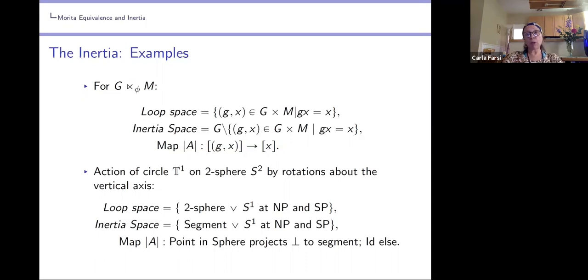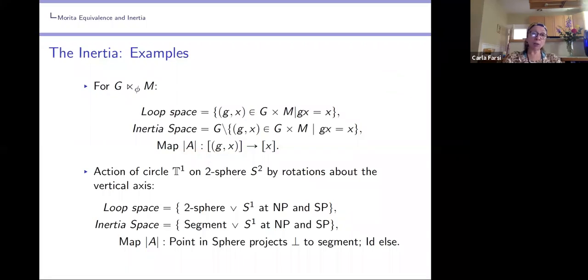There is a full S1, sorry, I didn't write it as T1, but it's the same thing, a full circle of isotropy. So you are going to attach that full circle of isotropy to the sphere at the North Pole, and similarly at the South Pole. So that's the loop space, the isotropy subgroupoid, viewed as a space.